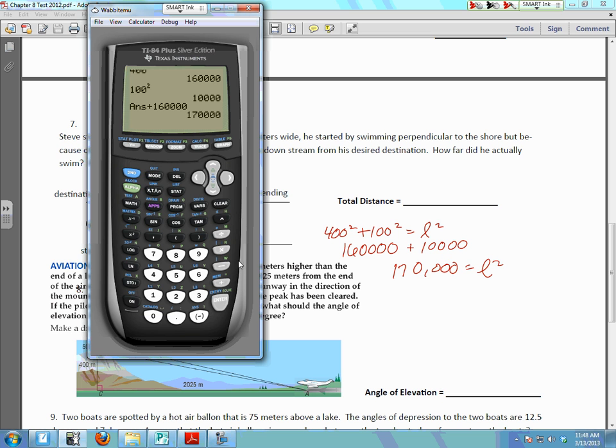Take the square root, and with my calculator, I'm just going to write it this way. You'll understand why in the next couple of courses that you take in high school. It gives you 412.31 meters. You could have taken the square root of 170,000 with your calculator, but it's easier to write it to the 1/2 power like I did.